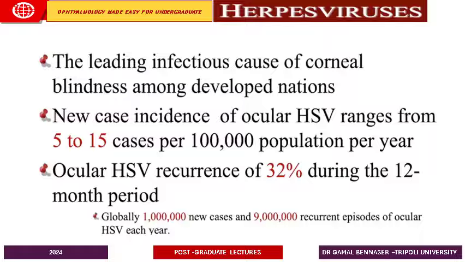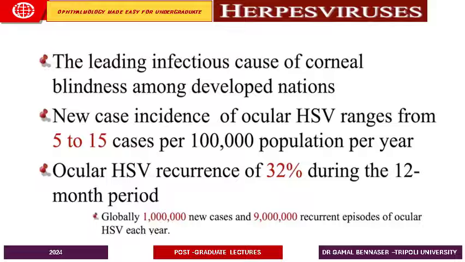Now, this data is from the developed countries: new cases, or the incidence of herpes simplex, range from 5 to 15 cases per 100,000 population, and recurrence of ocular herpes simplex was seen in 32% during the first year after infection with herpes simplex keratitis.